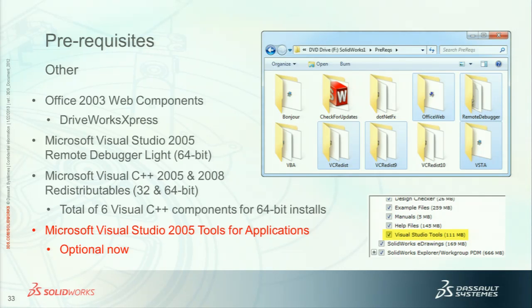One pain point in 2012 or even in 2011 was this thing called Visual Studio 2005 Tools for Applications. It doesn't install very well lots of times and can cause SolidWorks not to install. It's actually an option now in 2013.